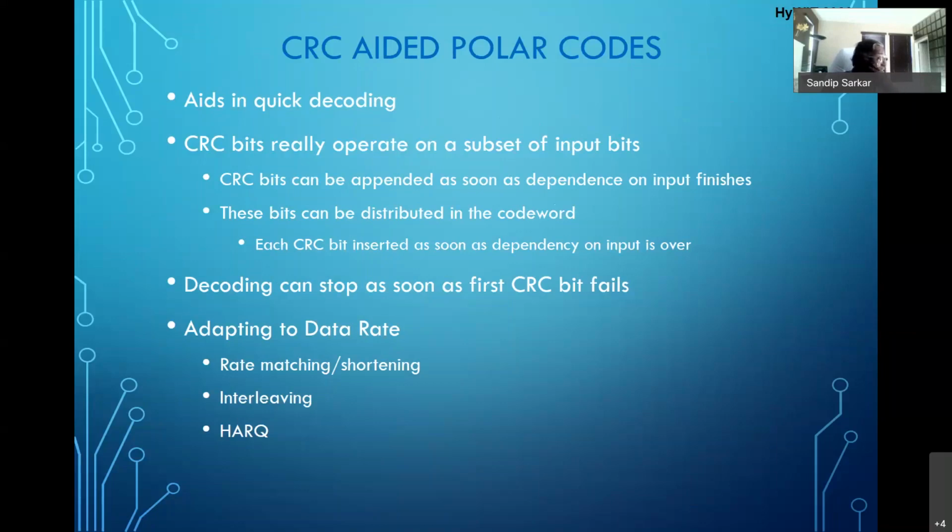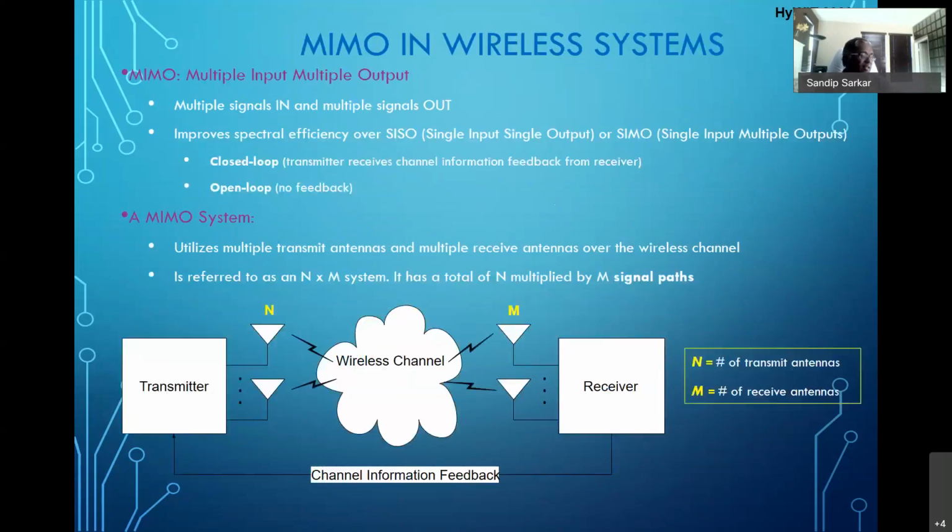So where speed is such an issue, you can abort the decoding faster. And on top of that, you can obviously adapt to the data rate by the usual things of interleaving, rate matching, and hybrid ARQ. So this is roughly what polar codes are, the form in which they're used.